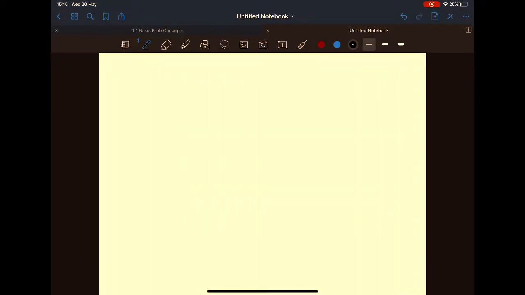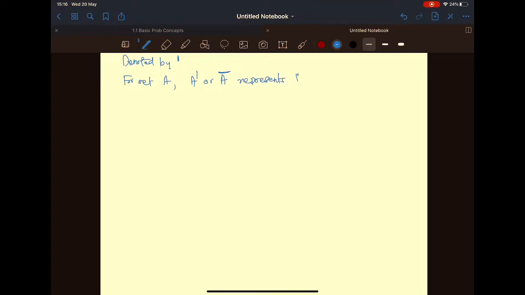It is usually denoted by an apostrophe on the top, or you sometimes have a bar over a set. So for say set A, A bar or A prime represents the complement of the set.